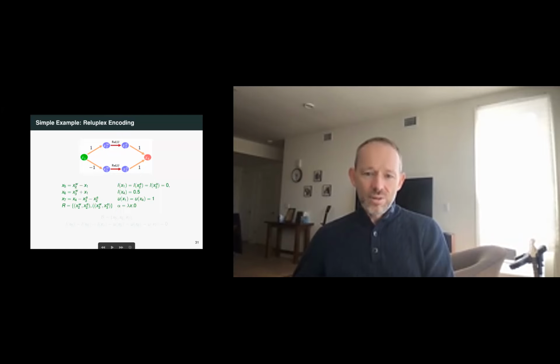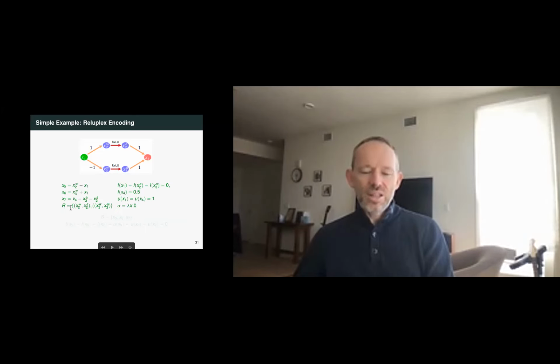Then we have bounds. Okay, so the lower bound on x1 is 0. We got that from our initial condition, right? And then the upper bound on x1 is 1. Sorry, the lower bound on x4 is 1/2, and the upper bound on both the input and output are 1. That was what was given to us.